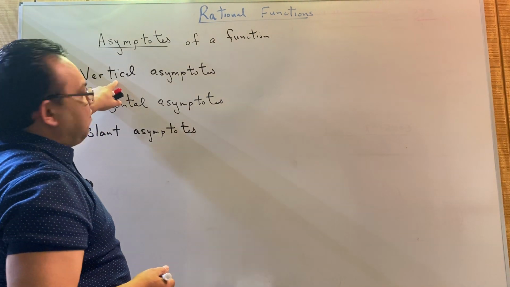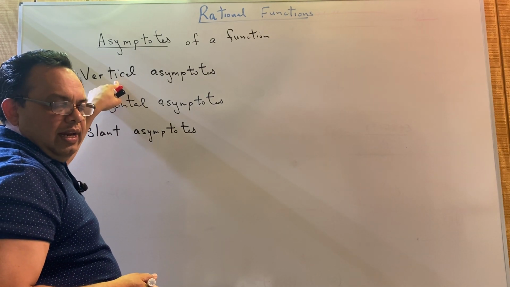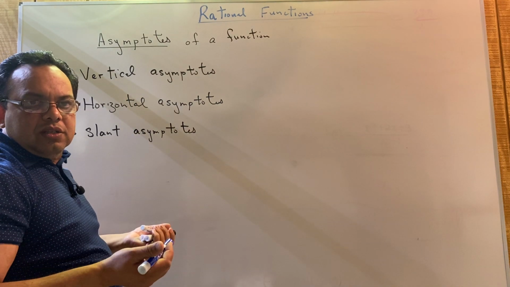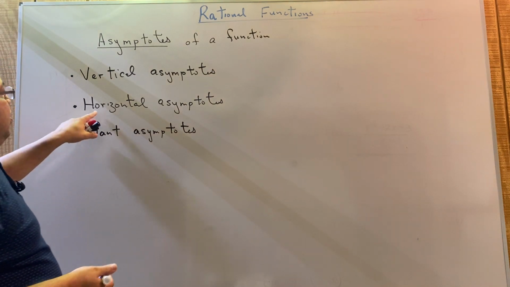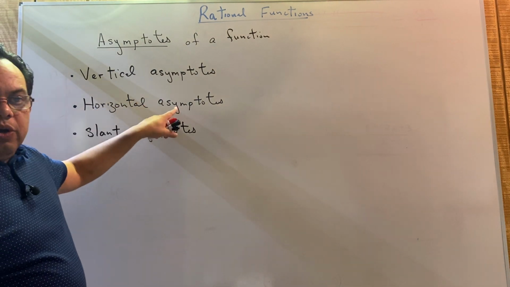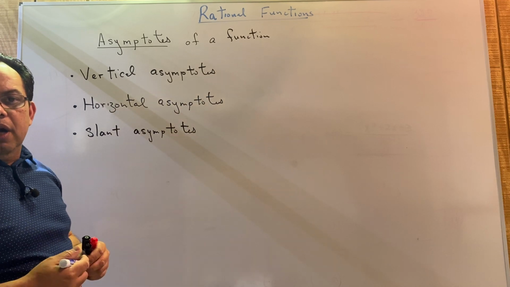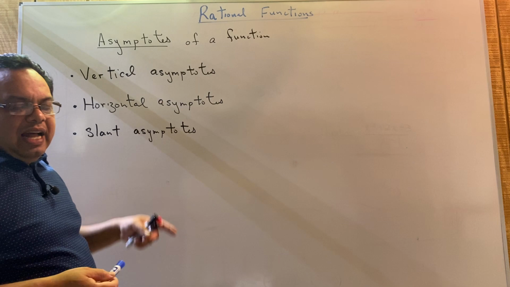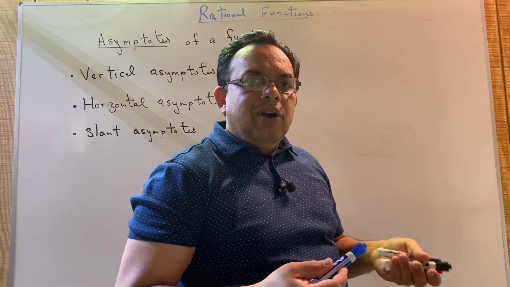So if you're talking about a vertical line, then we know that the equation of any vertical line is x equals some constant or some integer. For a horizontal line, the equation of any horizontal line is y equals some constant. And a slant asymptote is the equation of a linear line.